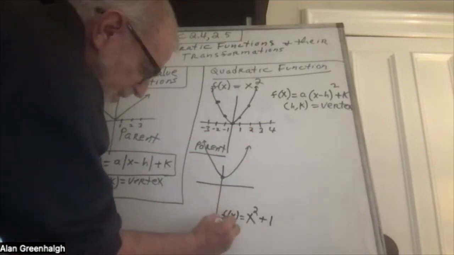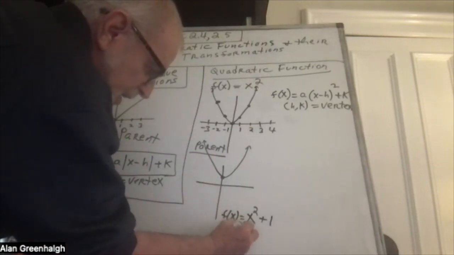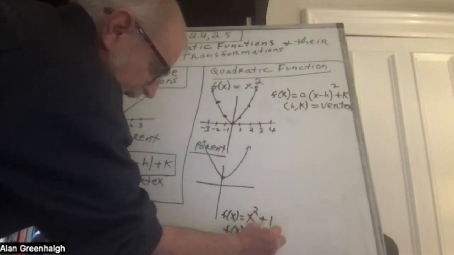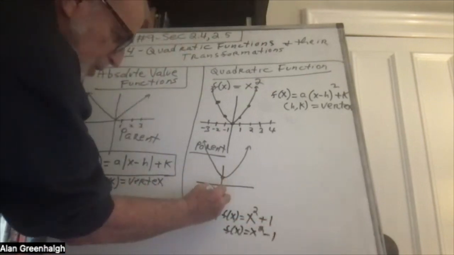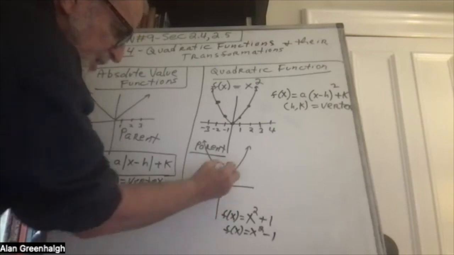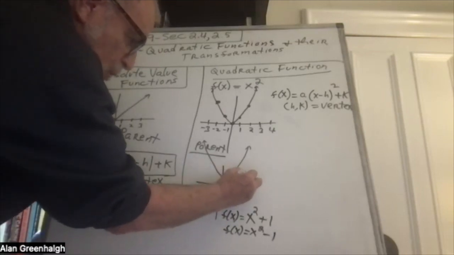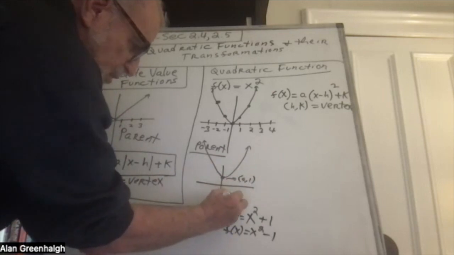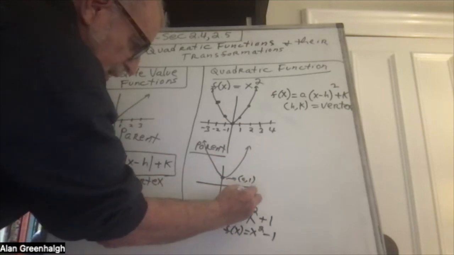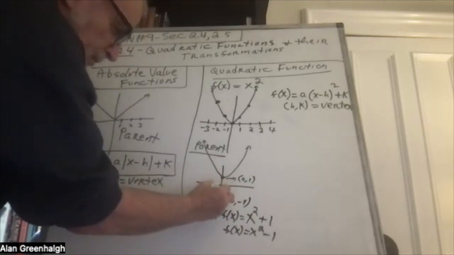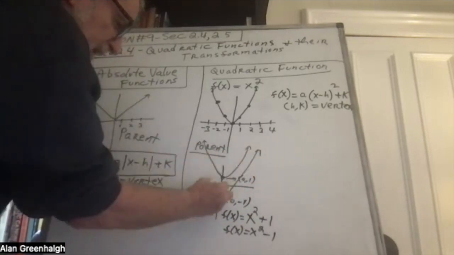And if we made this f of x equals x squared minus 1, then we're starting with a vertex at (0, -1). And it's going to look like that.